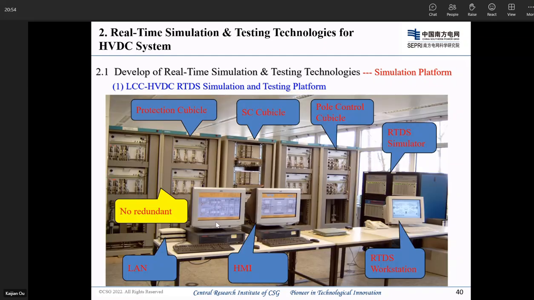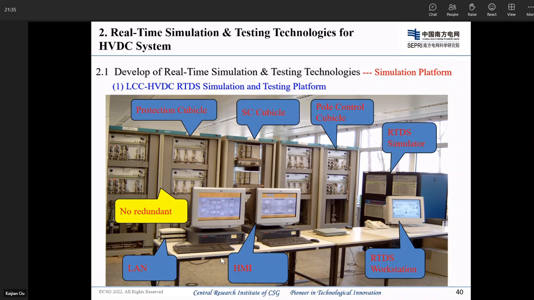This is a picture of the HVDC RTDS simulation and test system. We have the RTDS simulator here. We have the HVDC control and protection system, like station control, pole control, and protection system. All the cubicles are here. There is no redundancy because redundancy needs much room and many cubicles, so we have no redundant control.